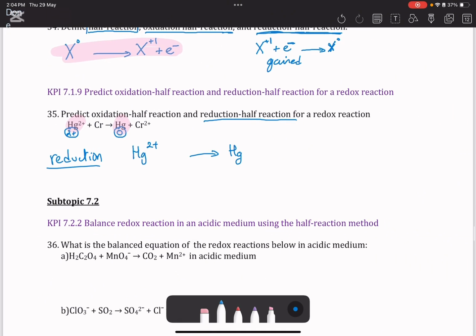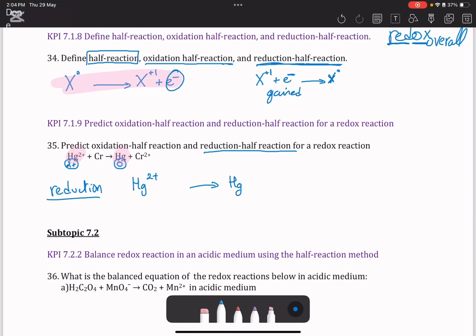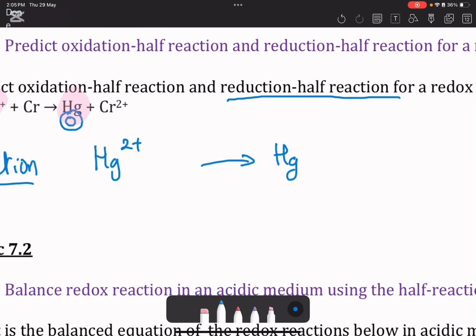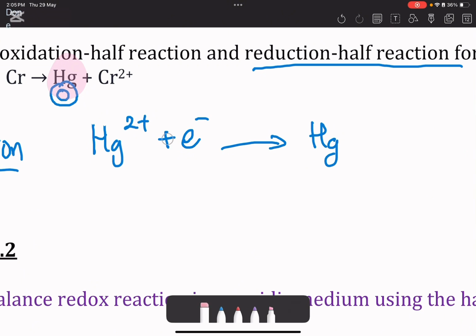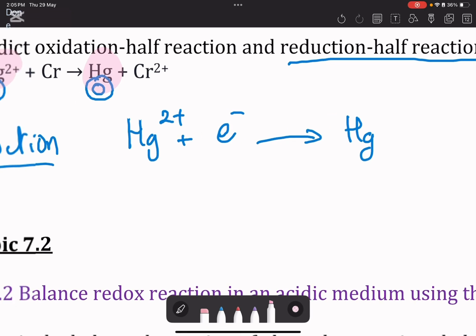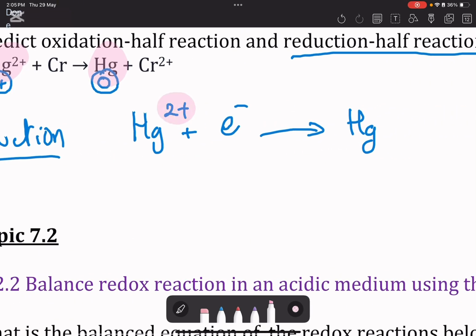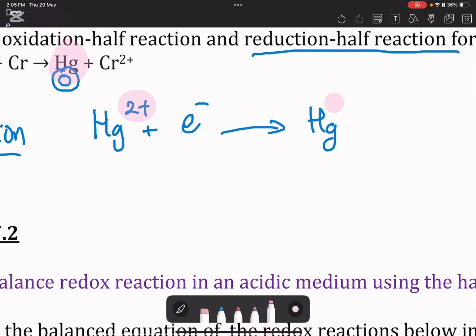Now, note that a half reaction has to have electrons. So if it is a reduction, it's a gain of electrons. So you're going to add the electrons on this side. However, how many electrons you have here depends on the charge of the species getting reduced. There's a 2 plus, and here it's a 0. So to balance the charges on both sides, 2 plus and 0, we add 2 electrons over here.